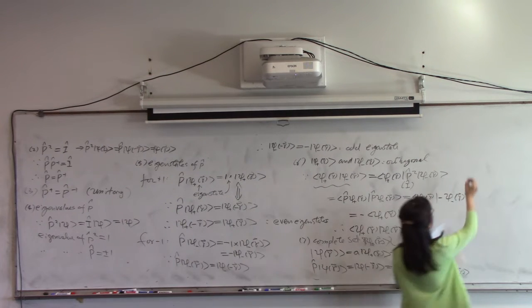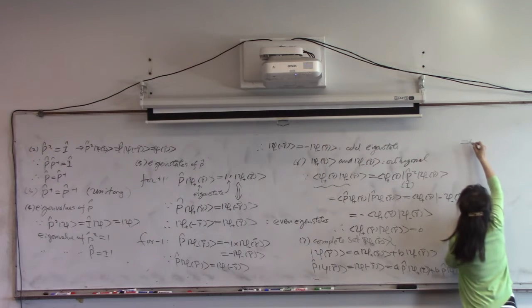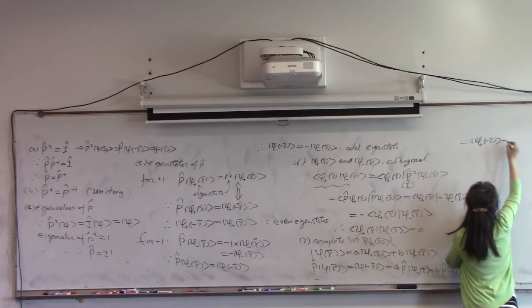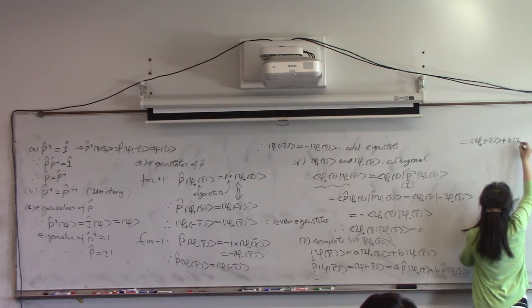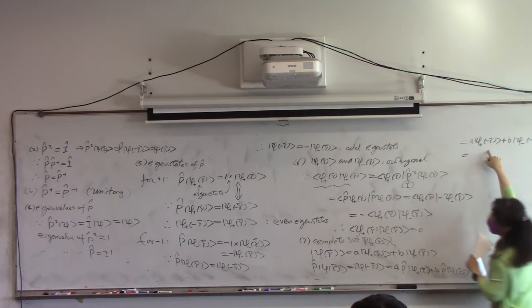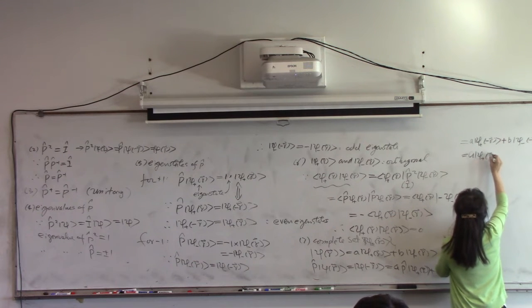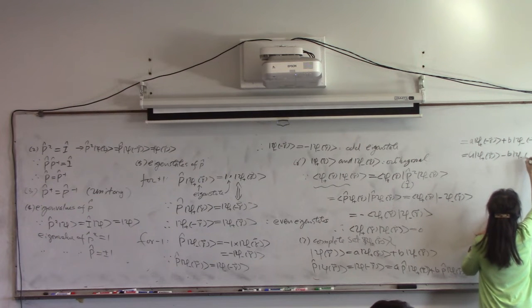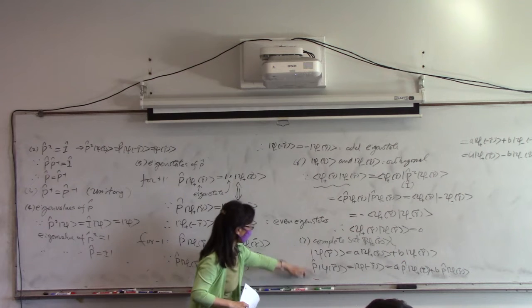So let me continue here. The first one is even, so that is A. The second one is odd, with minus B. So you see they are not the same, right?